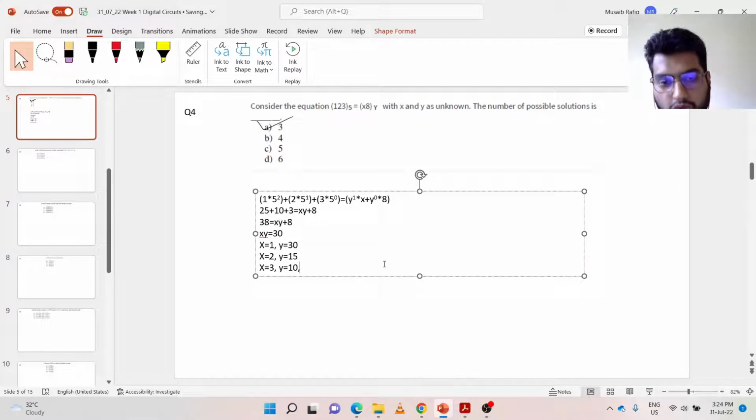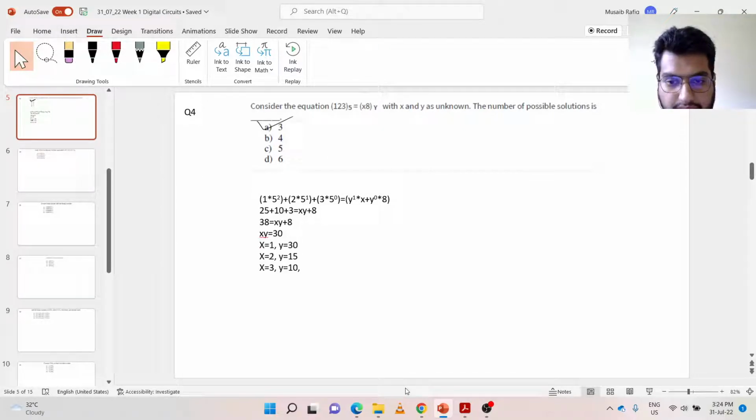The next possible solution would have been x equal to 5 and y equal to 6. But y can't be equal to 6 because the value of y cannot be less than 9 as 8 is present in the y base. So that's why there are only three possible solutions.